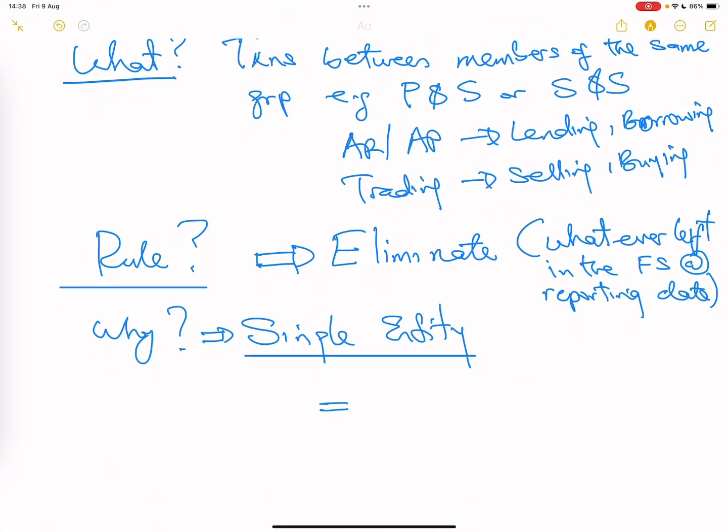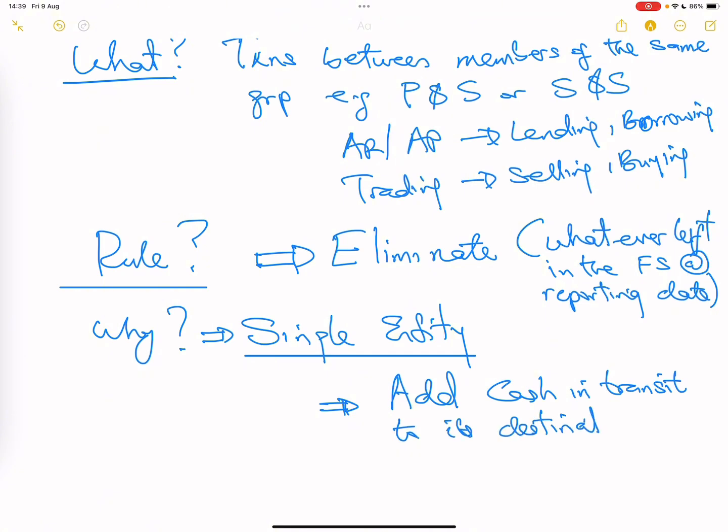The second part of it is when there's cash in transit between members, that you cannot eliminate the way you eliminate other transactions because cash is cash. Whether it's moving from parent to subsidiary, it's the same cash that is moving. So in consolidation, they are all added together. So the rule for cash in transit is add cash in transit to its destination.